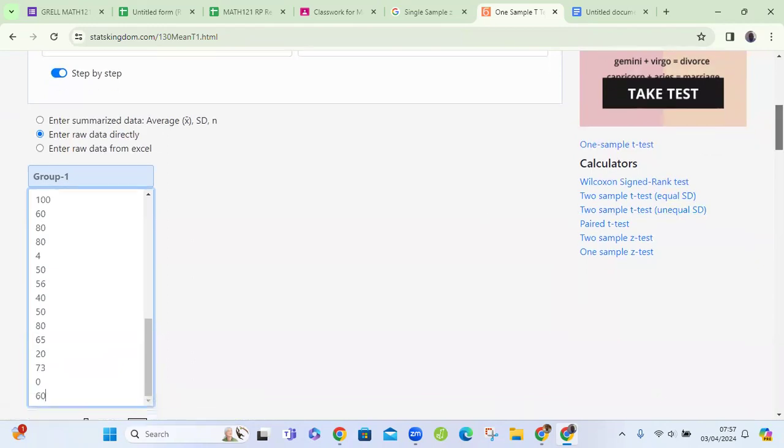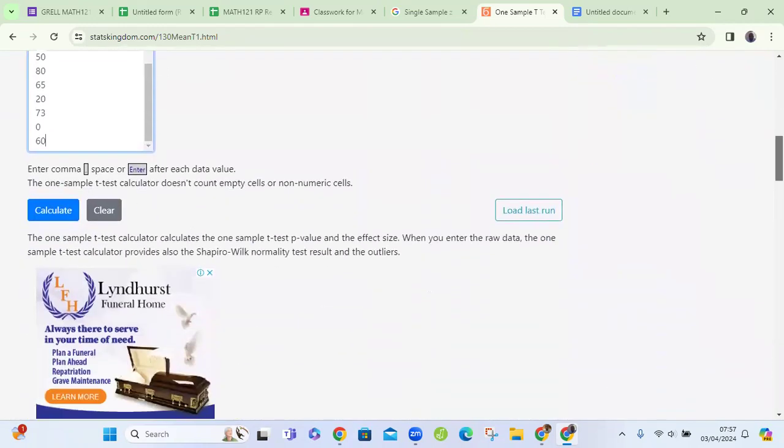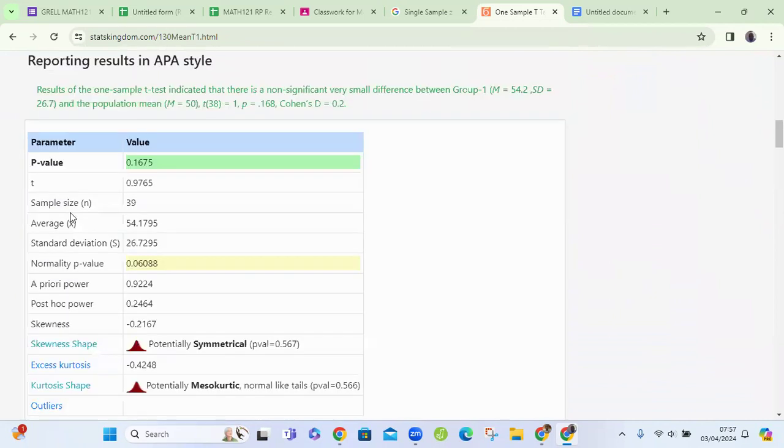Let's go to calculate. And voila, here is the output: the p-value, the t-test statistic. You also have the z-test statistic, sample size, sample mean, and sample standard deviation. These values are for more intense analysis.